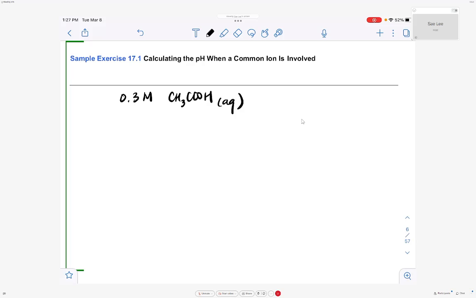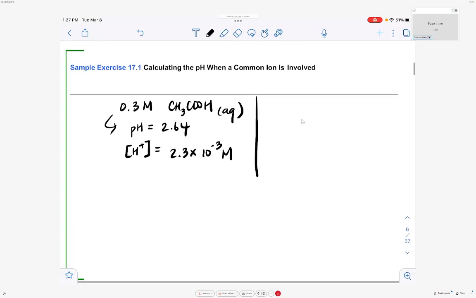The pH of this solution by itself is 2.64. This corresponds to a proton concentration of 2.3 times 10 to the negative 3 molar.